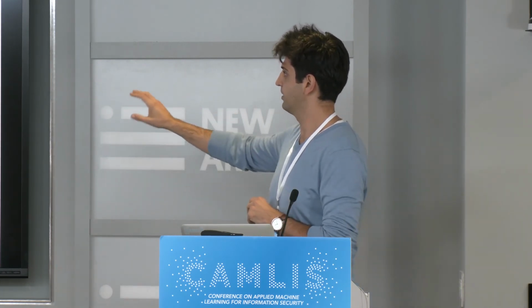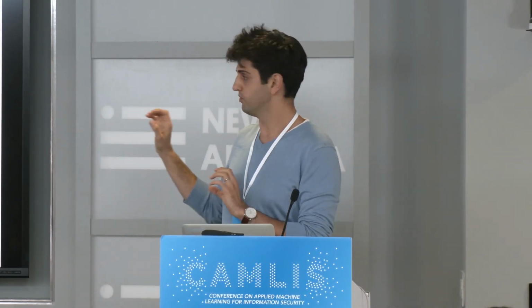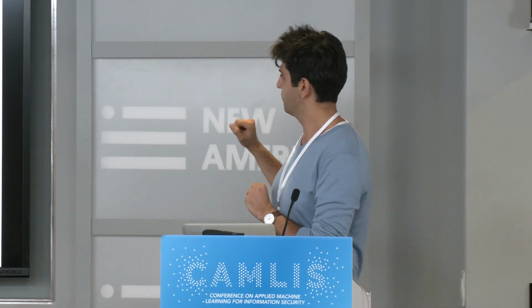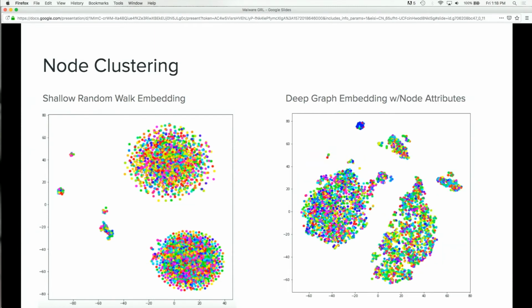One thing to point out is that with deep graph embedding, there's a lot of different variants that you can do. With the shallow random walk embeddings, there's only really one way to do it. With the deep graph embedding, you can do it without any node attributes. You can just take the graph as is and embed it. You can also add in node attributes. You can add in the file size. You can add in all of that other information. And what you start to see is that the structure changes according to some of that information.